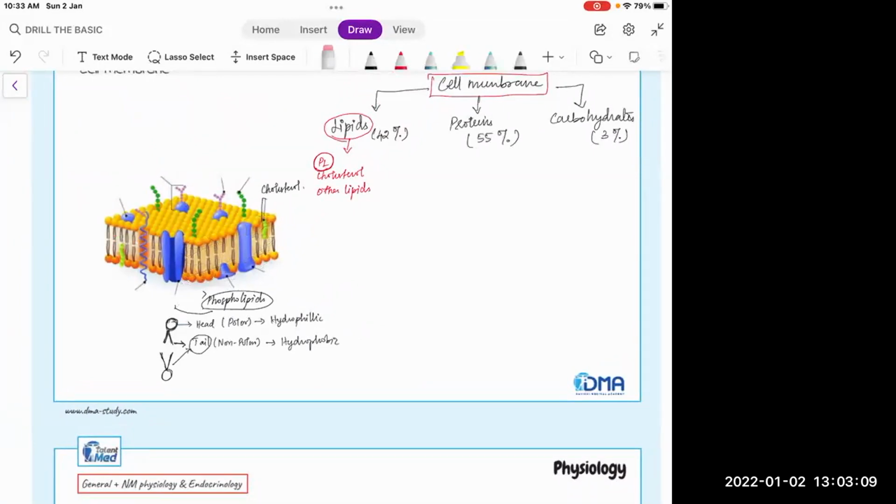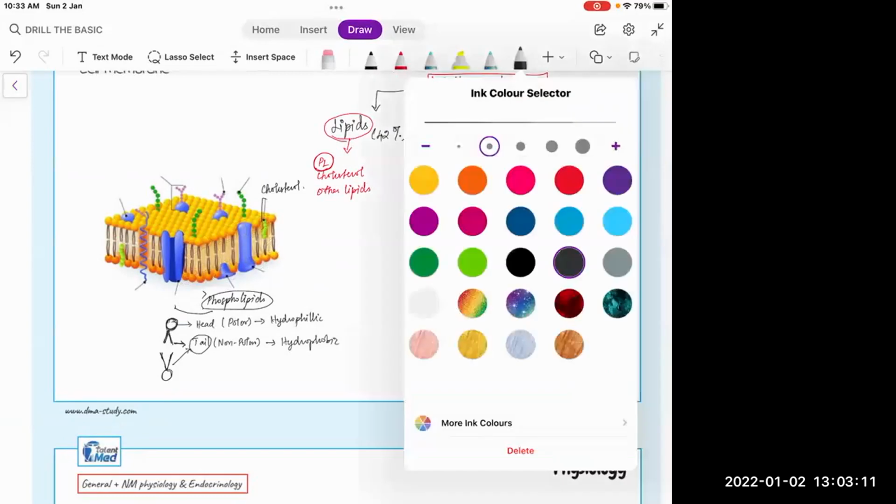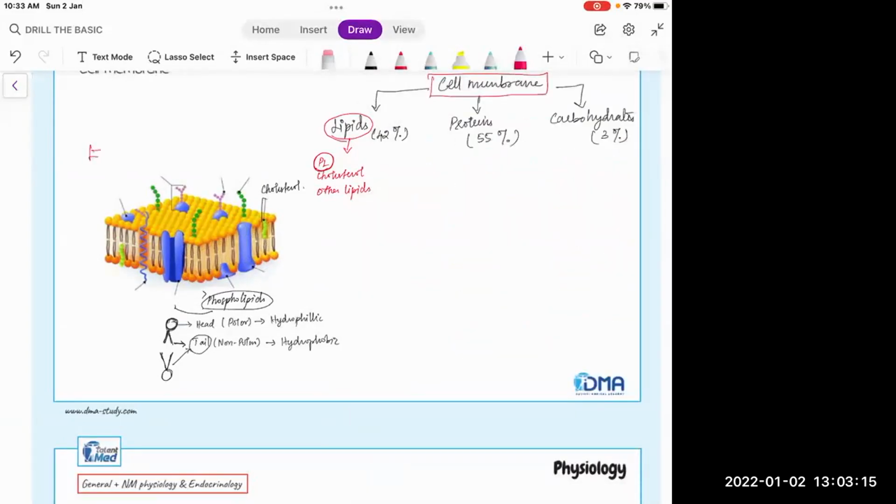On either side of the cell membrane, you have the fluids. The one is extracellular fluid and the other one is intracellular fluid. So that is the reason this tail portion, which is non-polar, is always arranged in the inside of the cell membrane. It does not need the fluids.